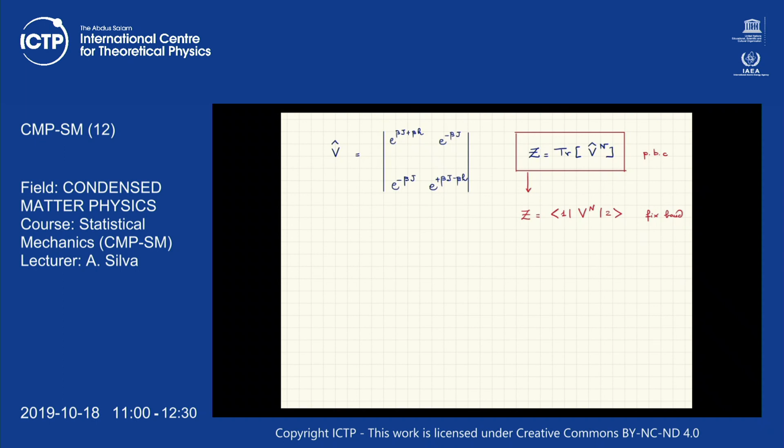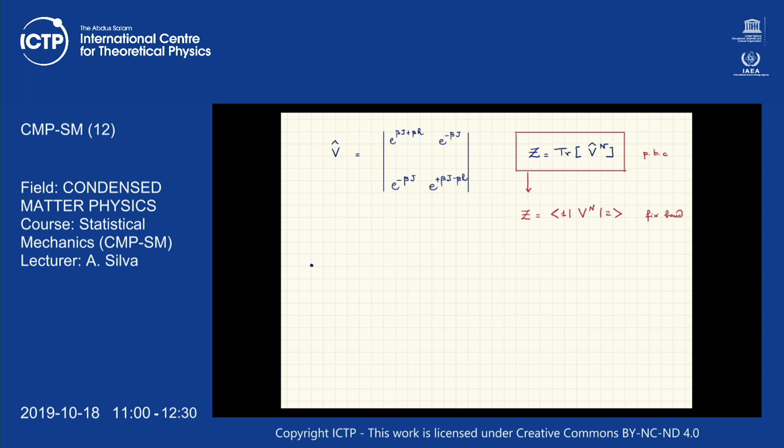Now, why is this way of writing the partition function interesting or useful? Well, it's interesting because you can easily now express this partition function in terms of the eigenvalues of the transfer matrix.